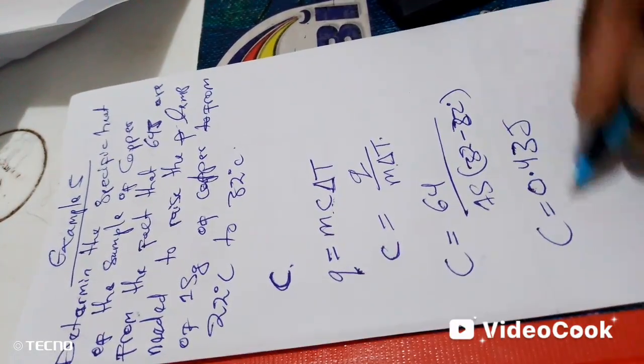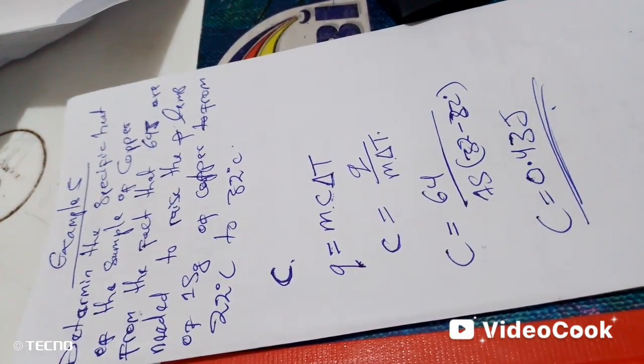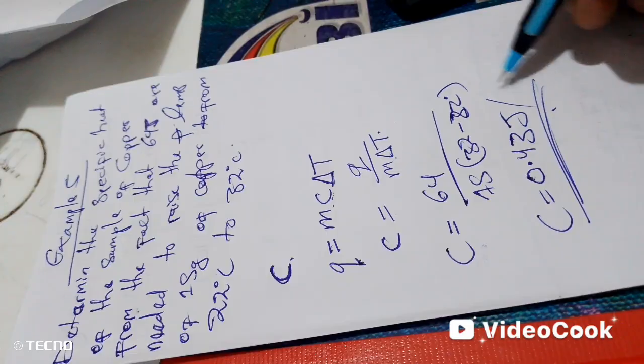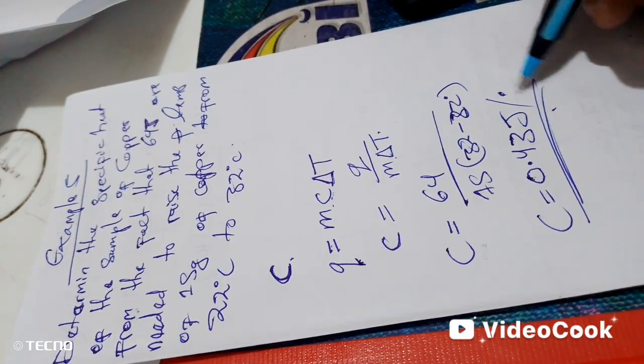This is in joules. Don't forget this is the specific heat capacity, so meaning per Celsius, per gram.